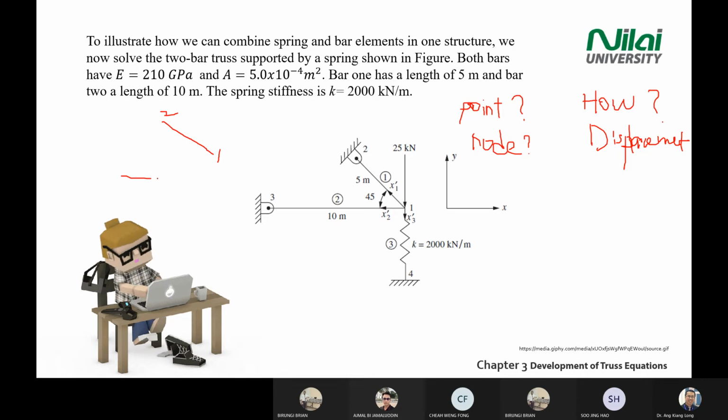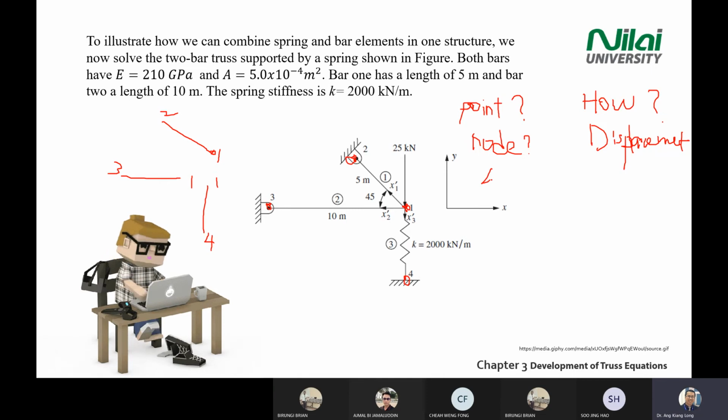Element 2, you have point 1 and point 3. Element 3, you have 1 and 4. So total, you have point 1, point 2, point 3, point 4. Total, you have 4 points to solve. Okay, answer is 4 points.